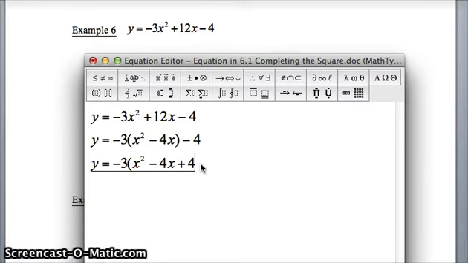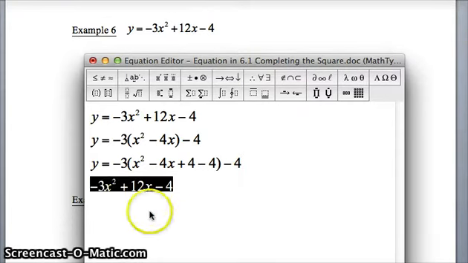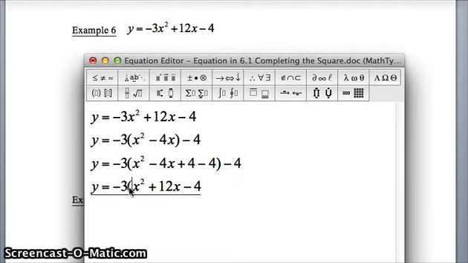So we're going to add 4 and subtract 4, and you still have your minus 4 outside. Okay, so when you have now factored this, remember that you're going to have your minus 4, your plus 4 in brackets, and now when we take out the -3 times the -4, it will subtract the -4.